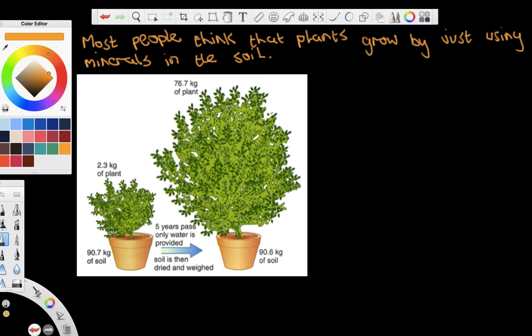So the plant grew significantly, but it didn't reduce the amount of soil.